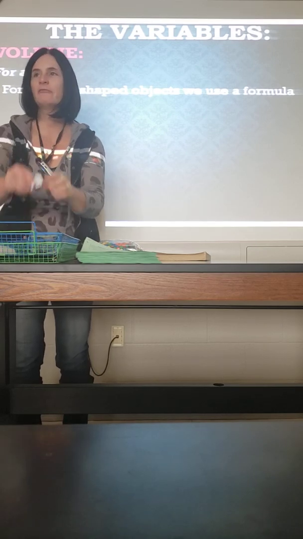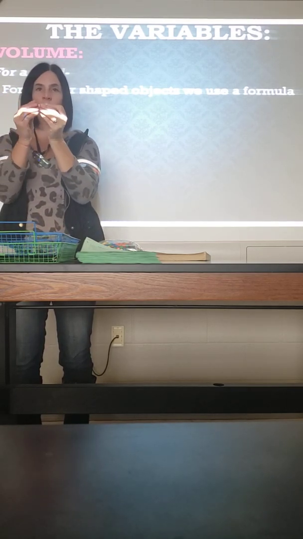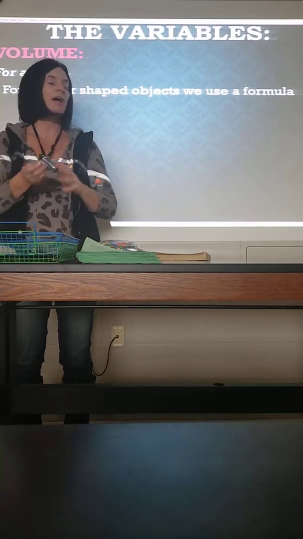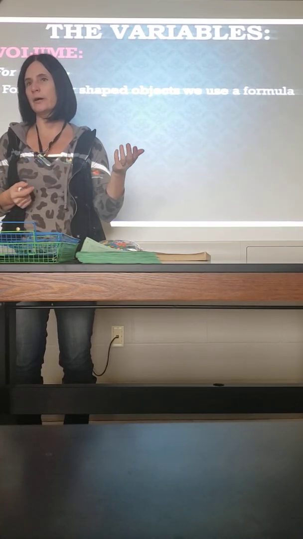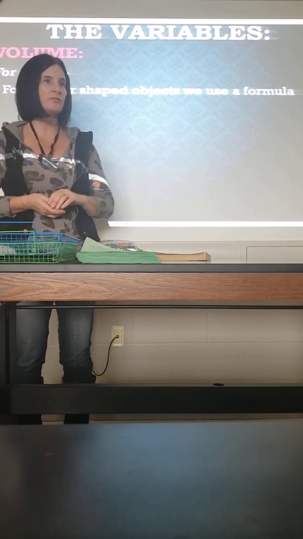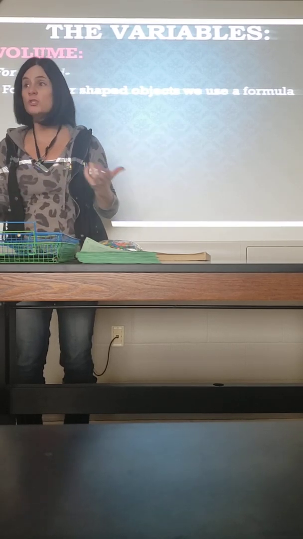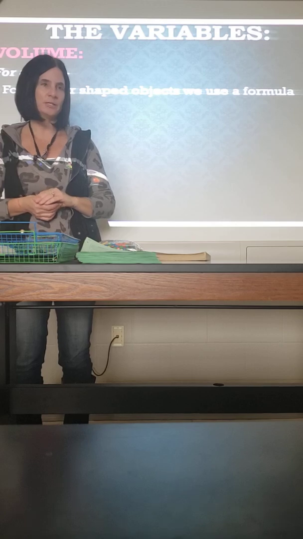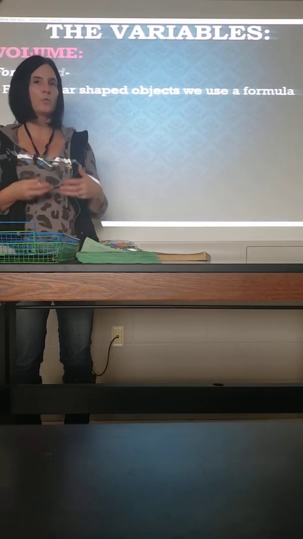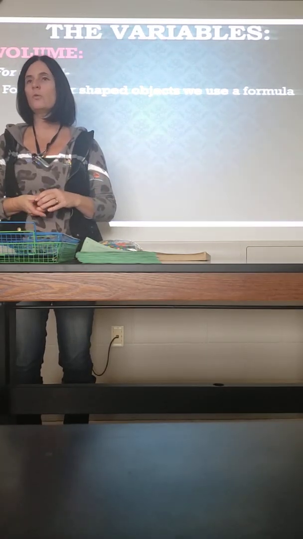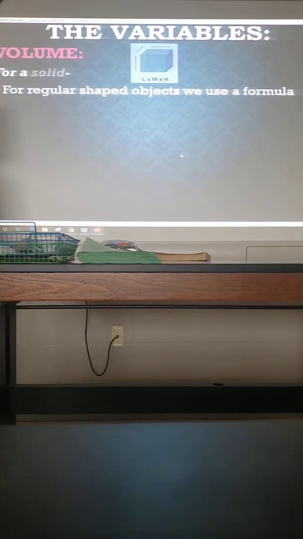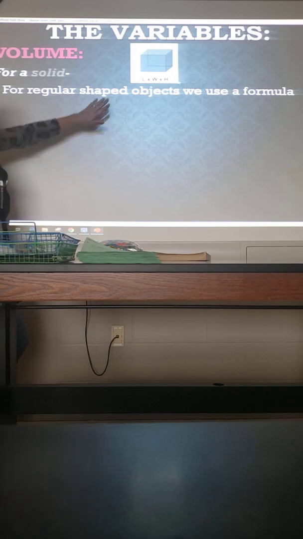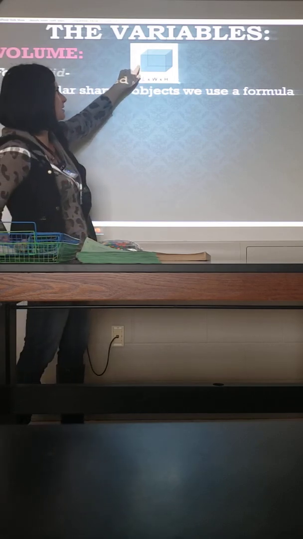I have a formula for the volume of a solid rectangle, for a pyramid, and for a lot of other shapes, cylinders, circles. But there are a lot of things in our world that are weird shapes, so we have to have a way to find the volume. If we have an irregular shape, we'll use water displacement. If it's a regular shaped object, there's a formula.